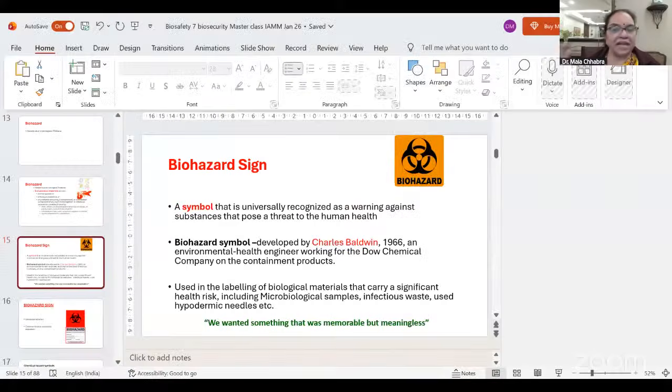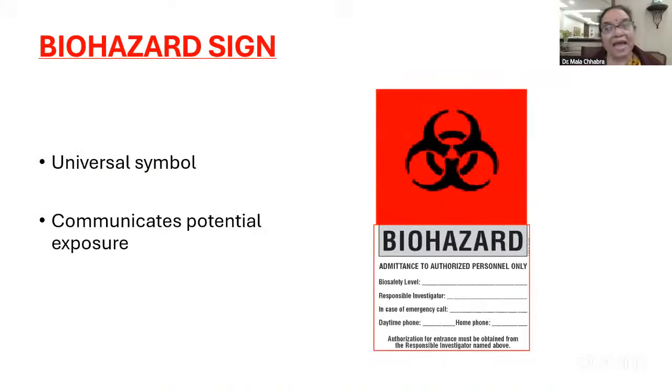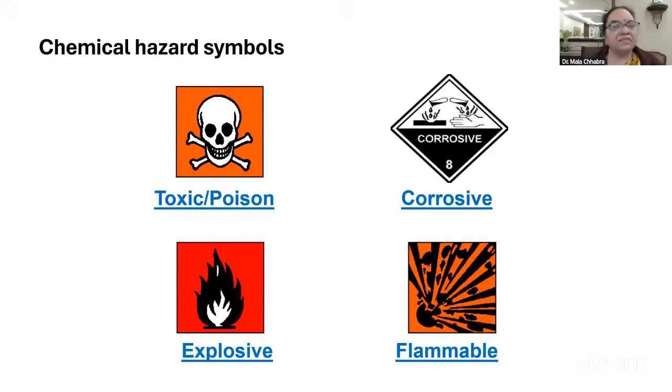And whatever side you turn, it will just remain the same. It is meaningless, but it creates a lot of meaning, right? So this is universally recognized, communicates potential exposure. Some other symbols: this is the symbol of toxic or poison, that we should be putting on such substances.